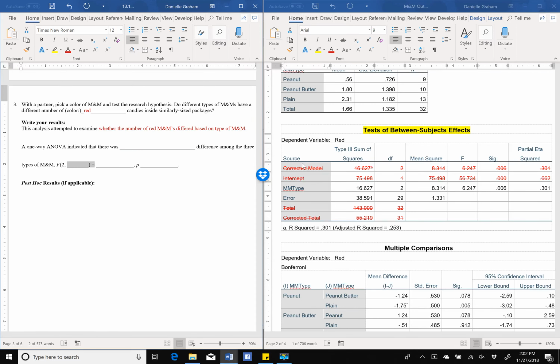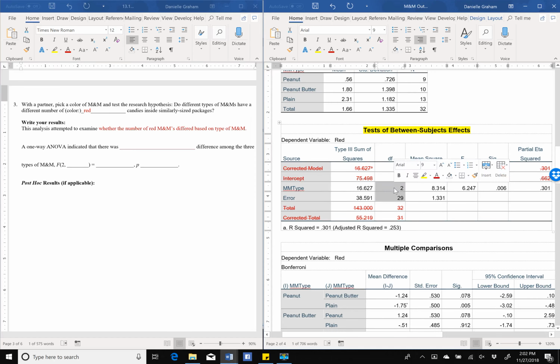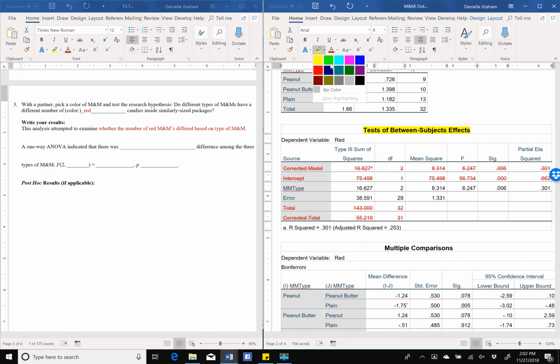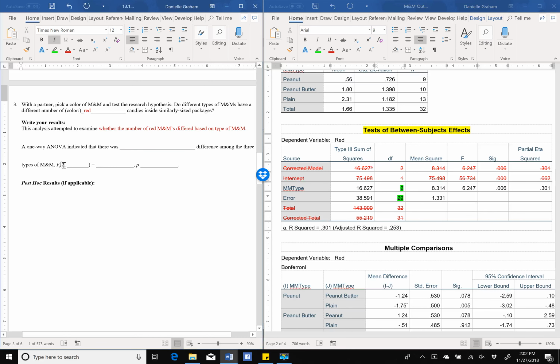And then after the comma is going to be the degrees of freedom for error. So we see these two values right here match the values that go inside our parentheses. So 2, comma, space, 29.